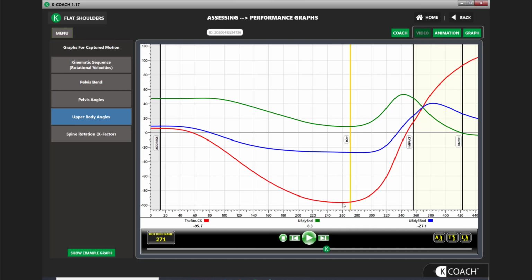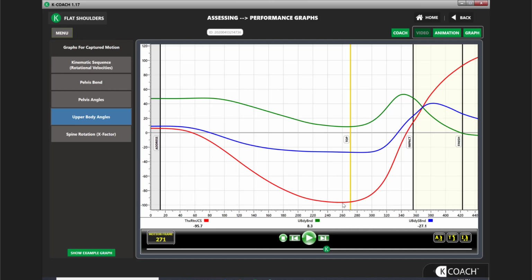That's significantly more than we would see with most players who are staying stable with their bend and side bend up to the top of the swing. Remember, when you lose stability in the bend or the side bend, it might have a player rotate more, but it's not necessarily functional rotation. It might be more like fake rotation, right?